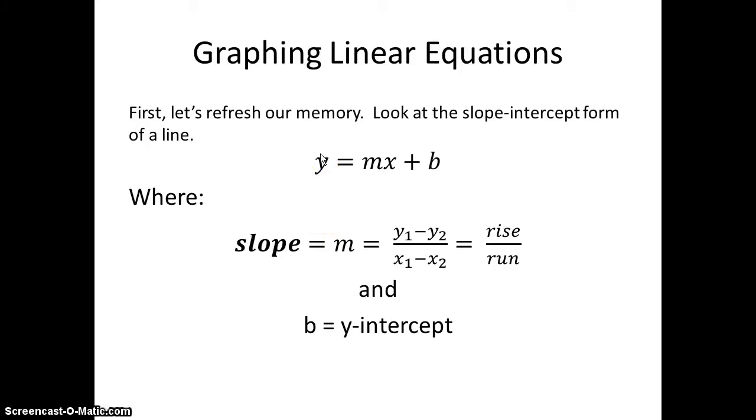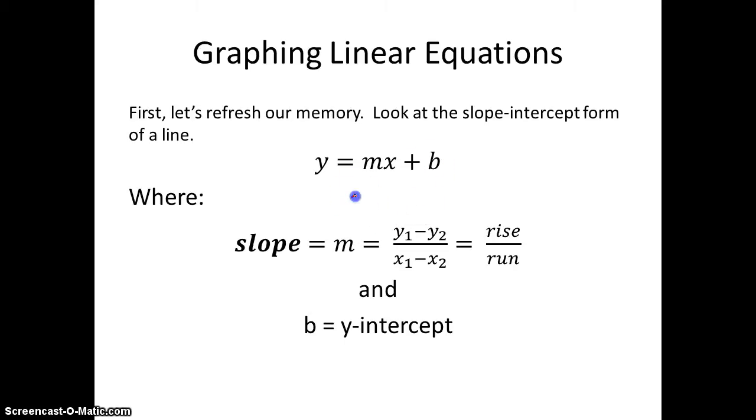First, refreshing our memory by looking at the slope-intercept form of a line. We have y equals mx plus b, where m is our slope and b is our y-intercept. Our slope, if you don't recall, is m in our equation, but it's also found by taking 2 points.